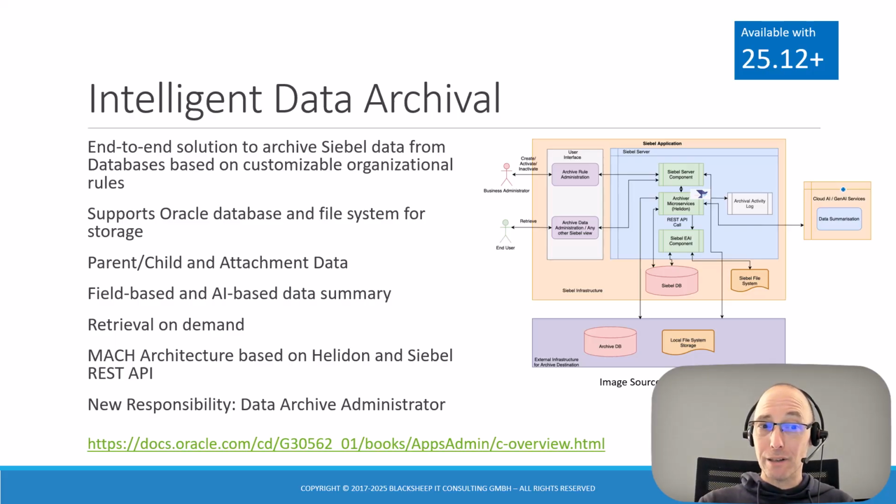Intelligent Data Archival is an end-to-end solution to define rules in the Siebel database, which are then executed by a microservice based on Helidon and the Siebel REST API. So it's a MACH architecture, and that microservice-based architecture ensures that it can read the data from Siebel, put it in the archive database or archive storage, delete it from the Siebel database, and make it accessible for retrieval.